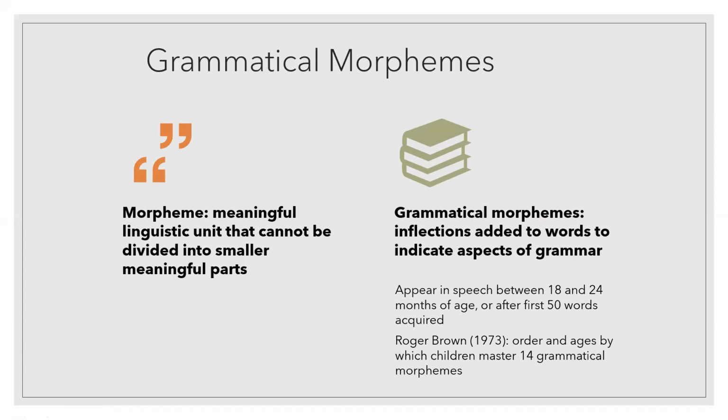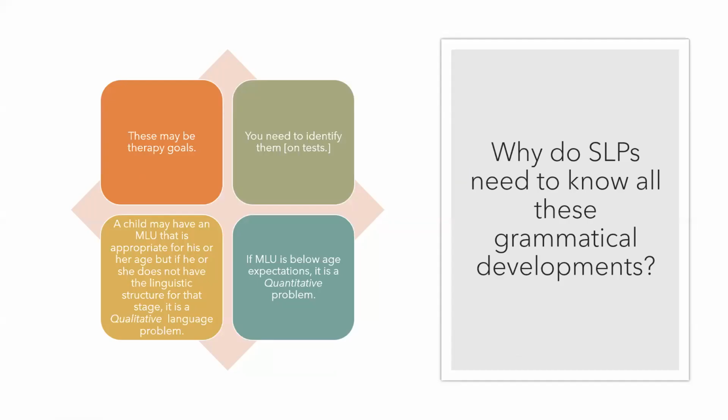You need to be able to decide, is this what you're looking at? Like, is this the morpheme you were looking for?